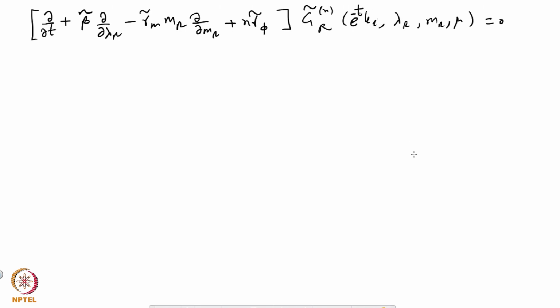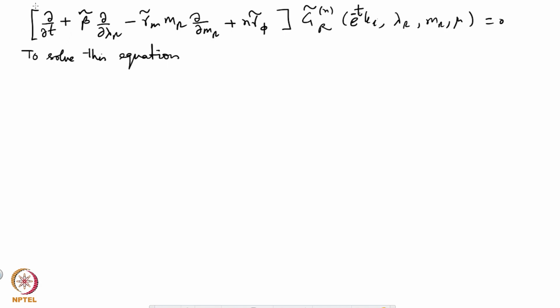Okay, that's what we want to solve. Just to remind you again, what we will find is the Green's functions at scaled up momenta related to Green's functions without scaled up momenta.